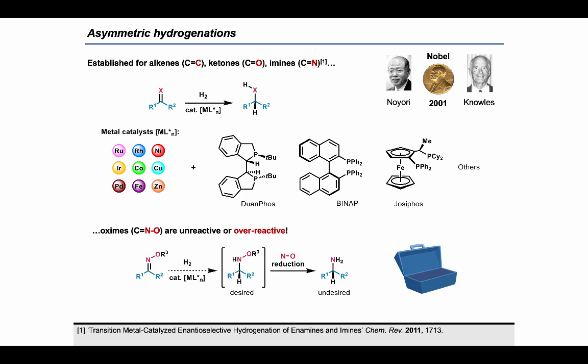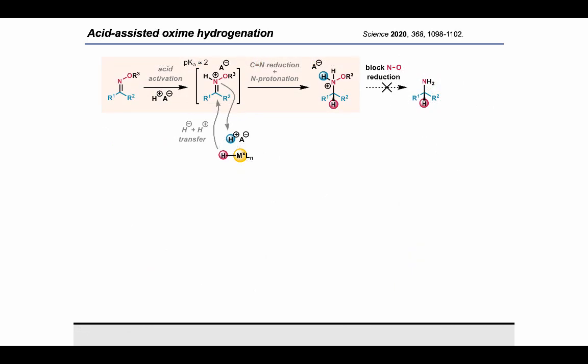Oximes are less reactive, and when they react, often reductive cleavage of the weak N-O bond leads to undesired primary amines. Knowing this, we aimed at solving the problem by adopting a different hydrogenation approach. The lack of reactivity of oximes could be addressed by protonation with acid, activating them towards nucleophilic hydride addition to the C=N double bond.